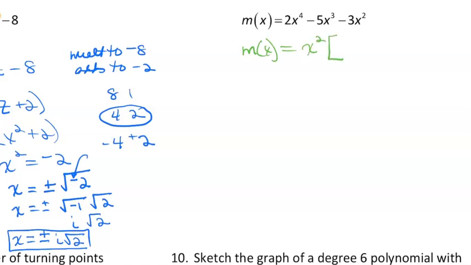That's going to give me back 2x squared, because if I multiply x squared times 2x squared, I get 2x to the fourth, minus 5x, because if I multiply x squared times minus 5x, I get negative 5x cubed, and then minus 3.